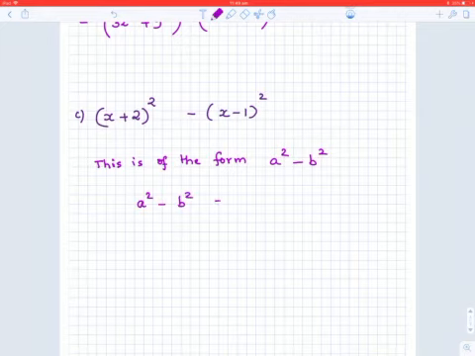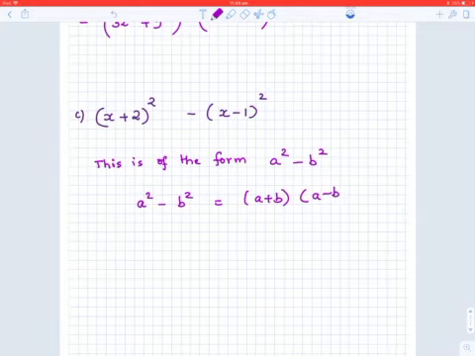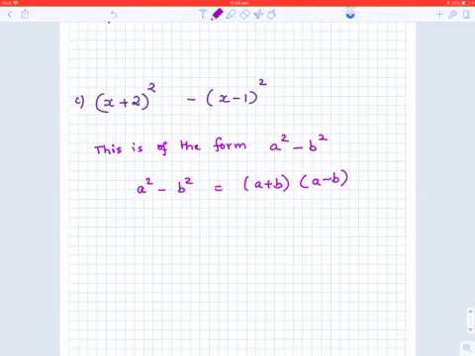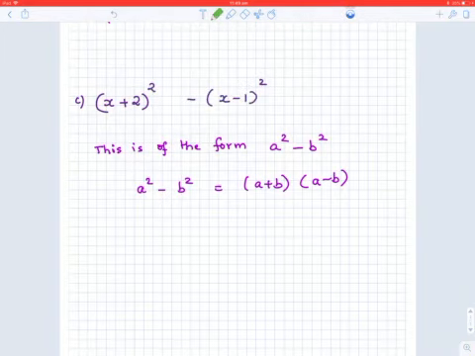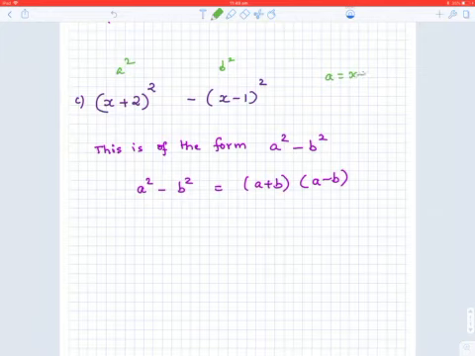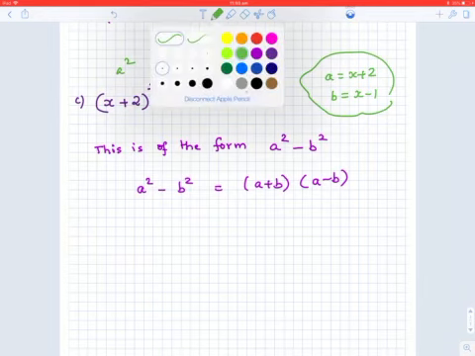Now we know that a squared minus b squared equals a plus b times a minus b. So this is like a squared minus b squared, where a is x plus 2 and b is x minus 1.